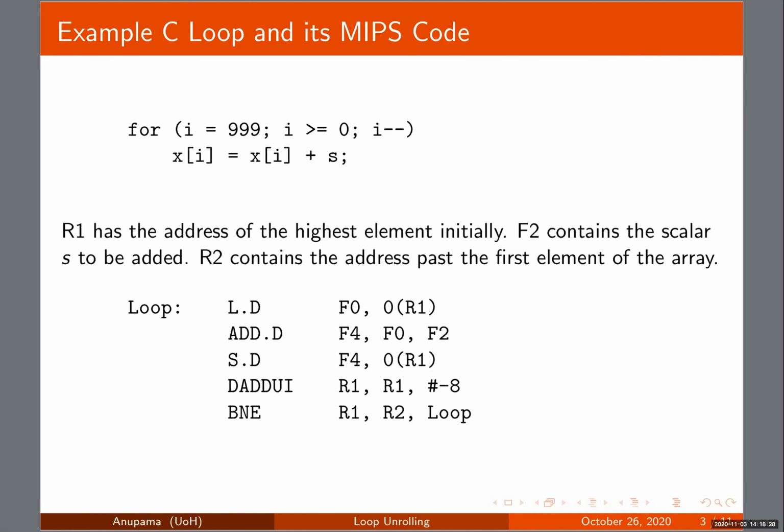Decrement the address so that you go to the next element of the array, and then if R1 and R2 are not equal, that is, you have not finished processing all the elements of the array, you go back to the loop. So you basically take the branch here. When you say BNE R1 R2 loop, you are taking the branch. When they are equal, then you go to the next sequential instruction.